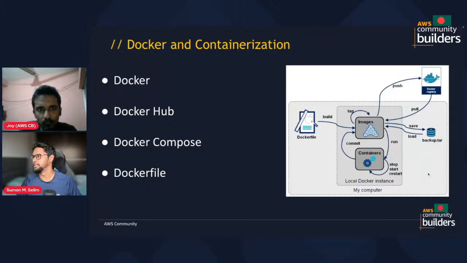So in the example, we can see that on my computer, local Docker is running, the Docker runtime is running. I have created the Dockerfile. Then using that, I have built the images. So my local environment can have multiple images of multiple applications. And once the image is ready, I tag the image by giving it a name or version. Then I can push it to the Docker registry, which is available on the internet.